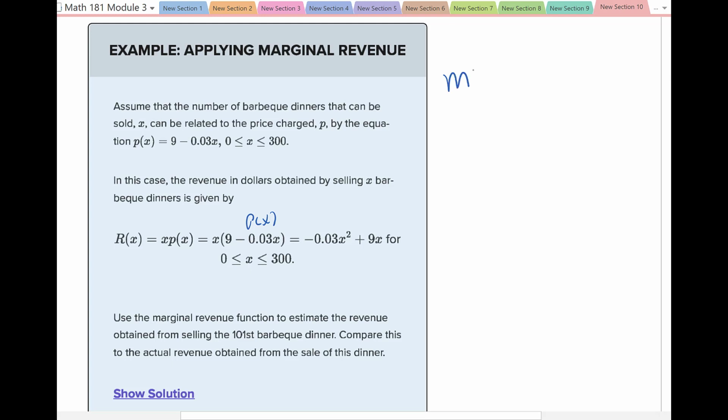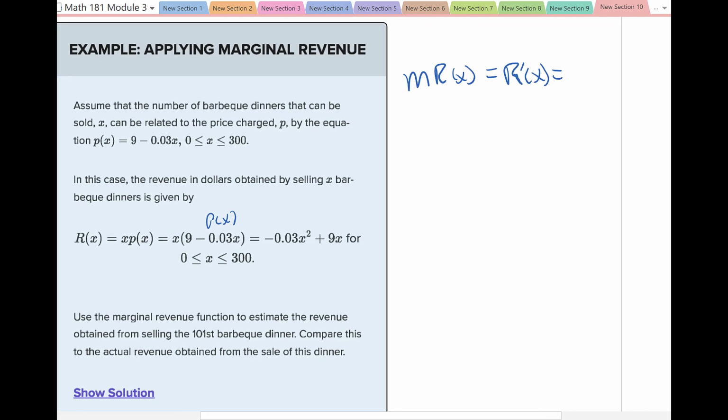Our marginal revenue, it means revenue on the per item basis, is going to be R prime of X. That's going to be negative 0.06X plus 9. So we look at the R prime of 100. What was it at 100? And that was negative 0.06 times 100 plus 9. And for that we get 3.